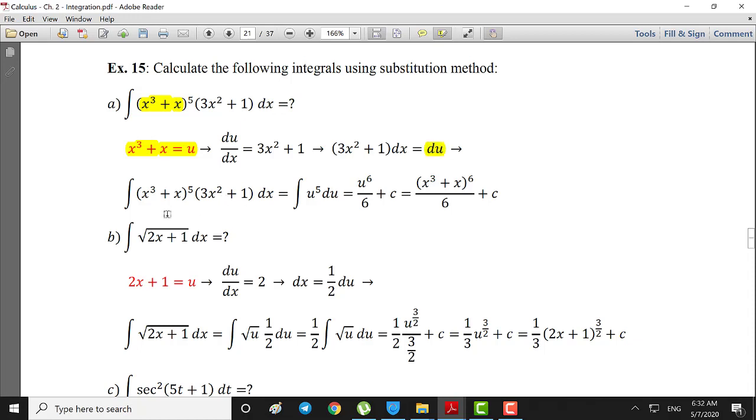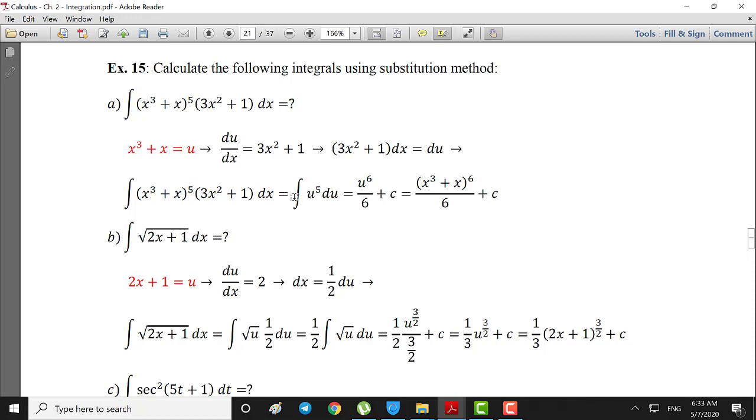So the integration that we had originally is going to turn into a very simple integration. The integral of (x^3 + x)^5 times (3x^2 + 1) dx is going to be equal to the integral of u^5 du. Why? Because this part is u, so u^5, and this part is du, right?